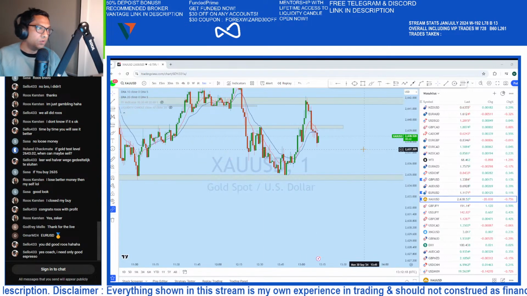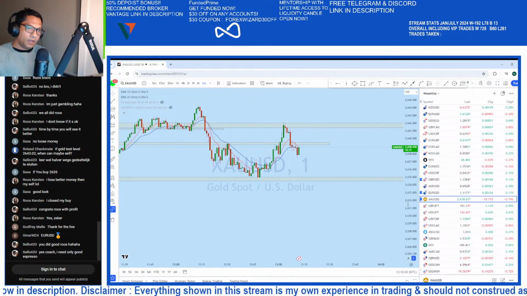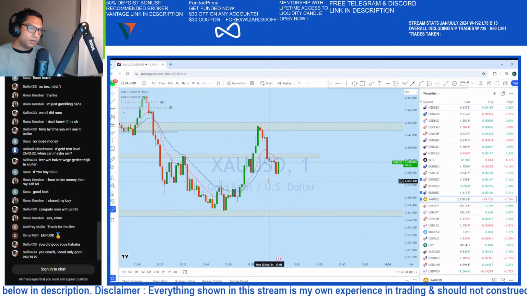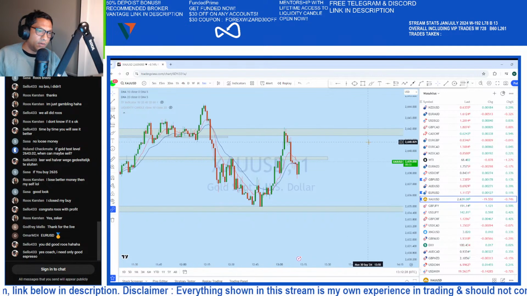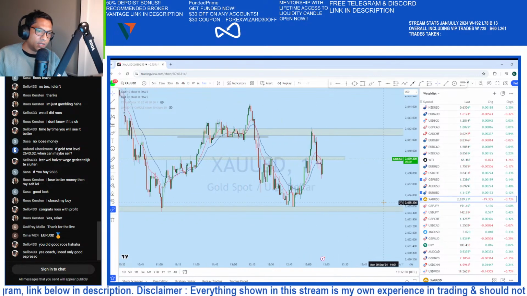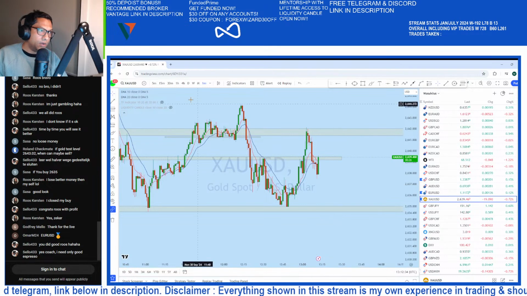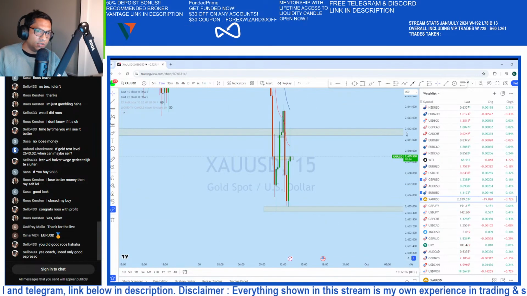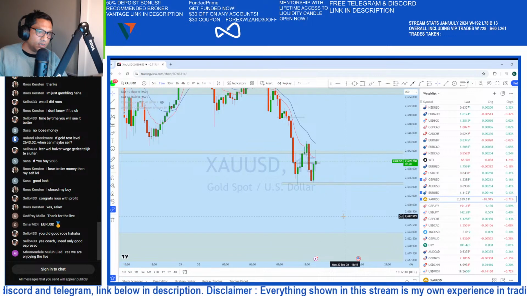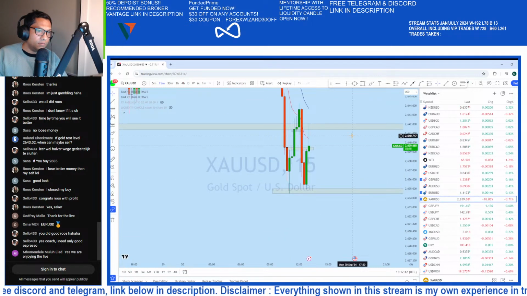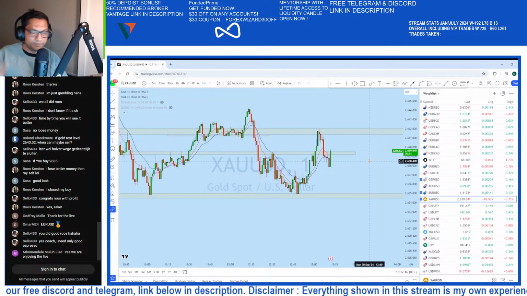Okay, so here is what we can see on XAUUSD. We can see that bounce here, and from that bounce level, we might see that the price breaks back below to see where it is heading.